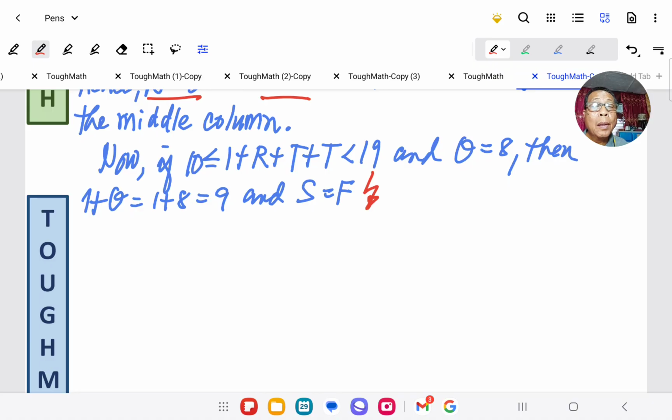Okay, so O cannot be less than or equal to 8.